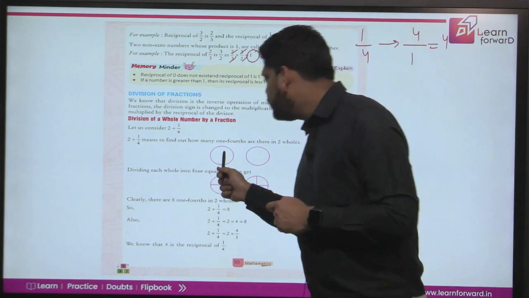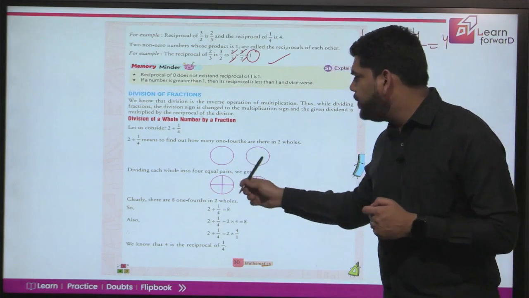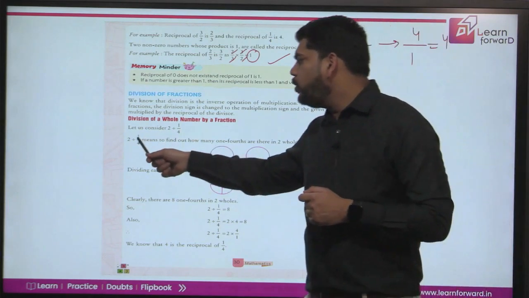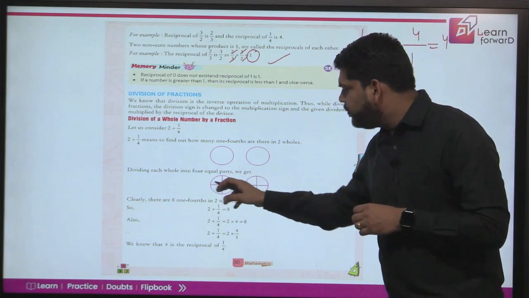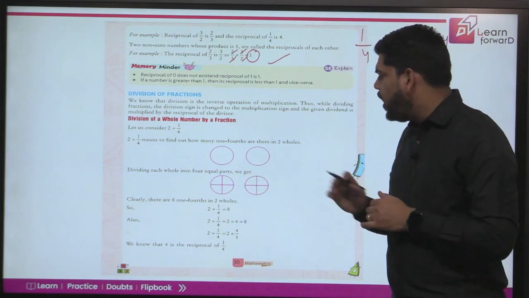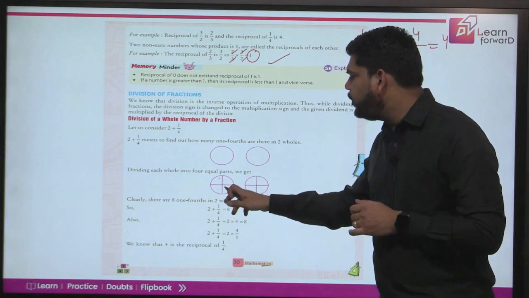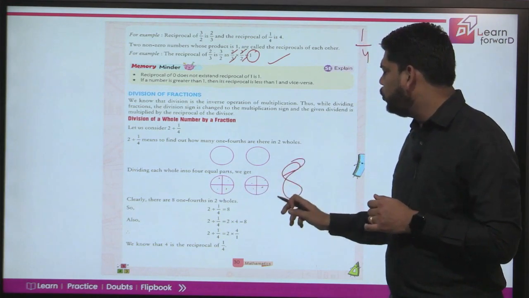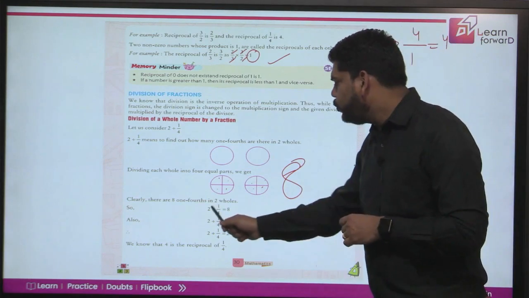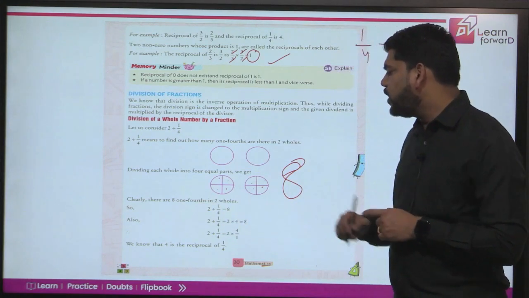Consider 2 pizzas, and we need to find how many 1/4s are there. So I'll make 4 parts of each pizza, and now I calculate the total pieces, which come out to be 8. So 2 divided by 1 by 4 comes out to be 8.